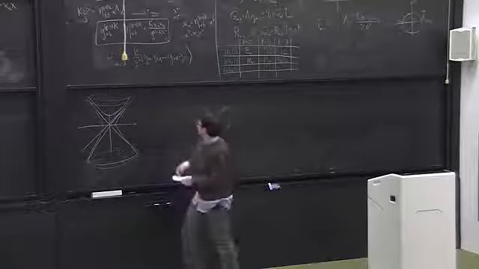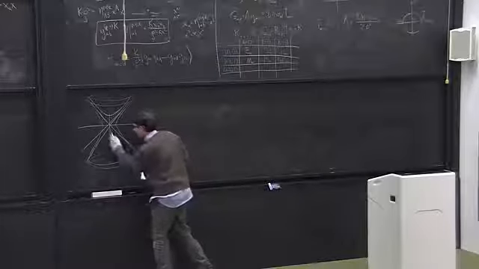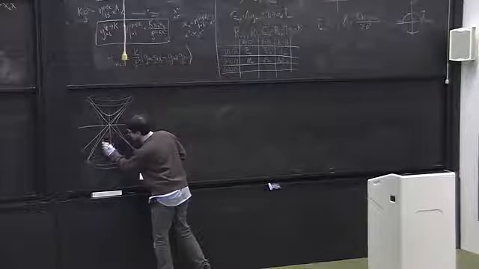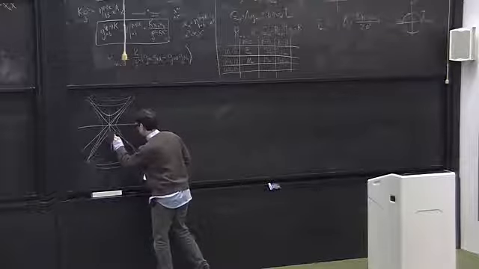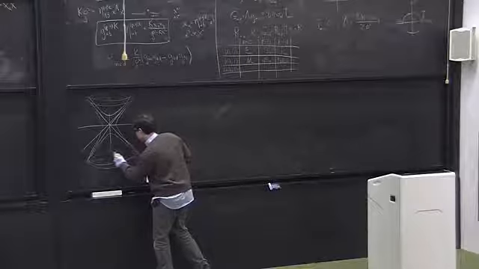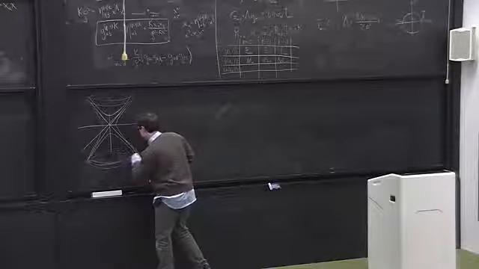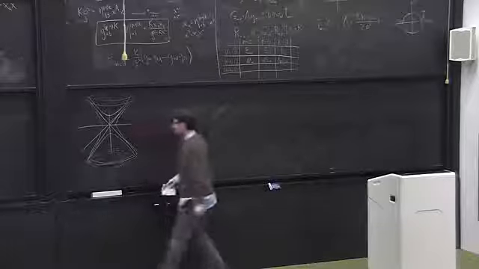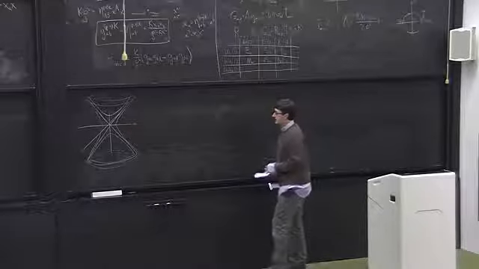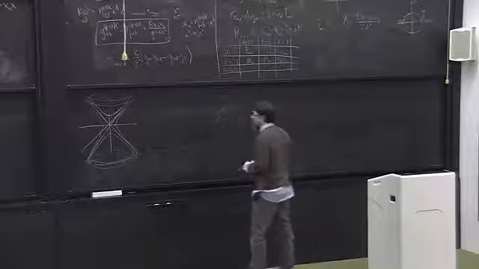And I've completely screwed up with my circles. They're supposed to be inside one another, but oh well. I'll try to do a better job down here. Okay, so that's de Sitter space and the n-dimensional hyperboloid.